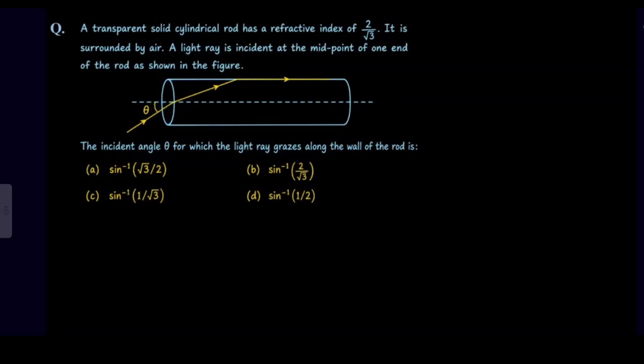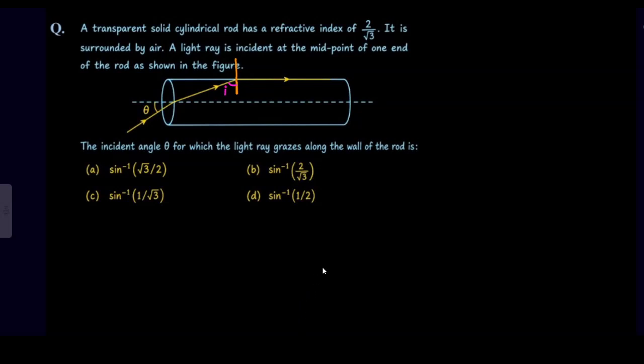Understood this one? Option 1. Look at it now. The light ray grazes the surface. What does that mean? Here, this is the angle of incidence.